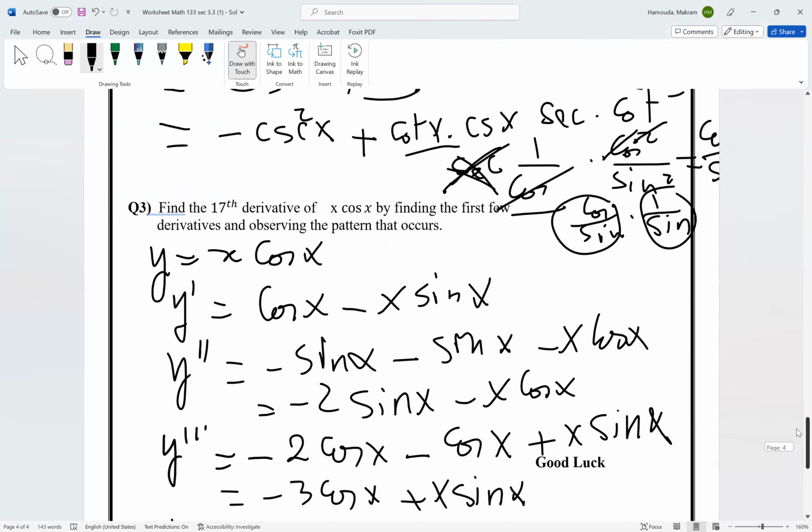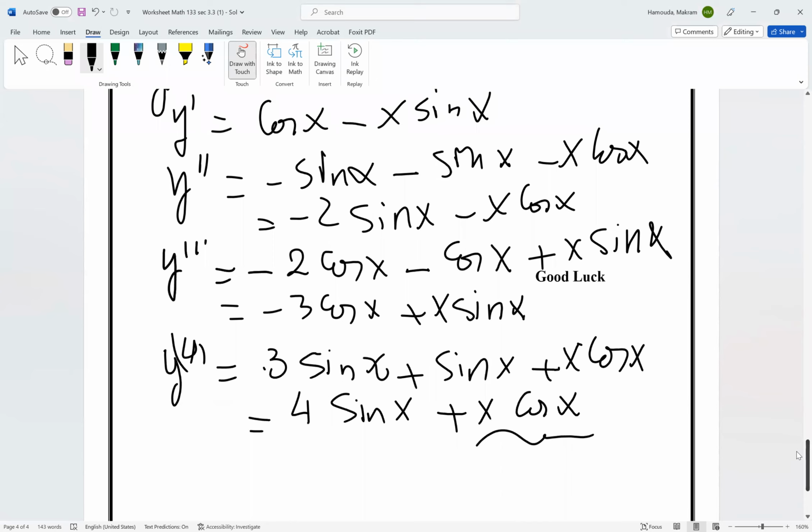So since we want the 17th, that means y 17th is like y prime, since 17 is equal to 4 times 4 plus 1. So it's like y prime, though it's not exactly equal, so be careful here, but we can conclude y 17 from y prime.